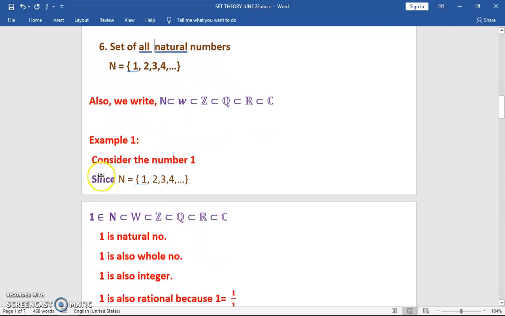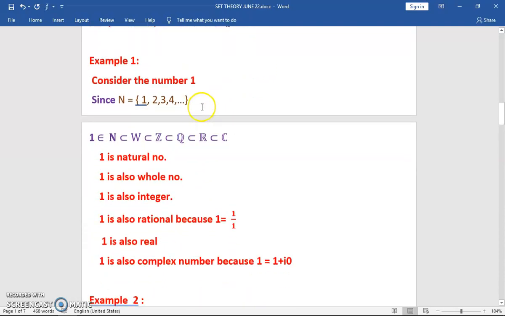First, let us consider the number 1. Since the natural numbers N are 1, 2, 3, 4 like that, 1 belongs to this set. So I say 1 belongs to N. Since we have this chain, we say 1 belongs to every set.